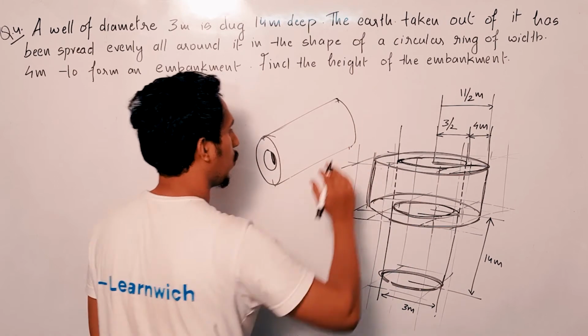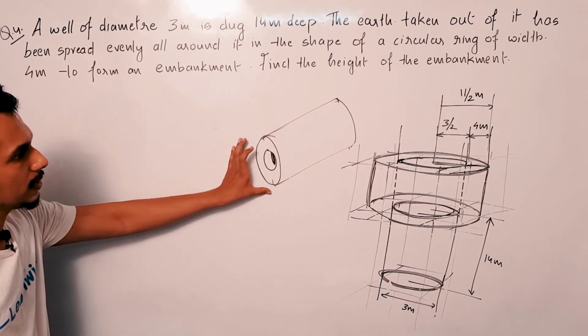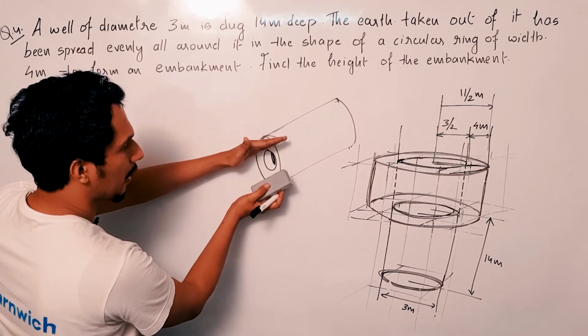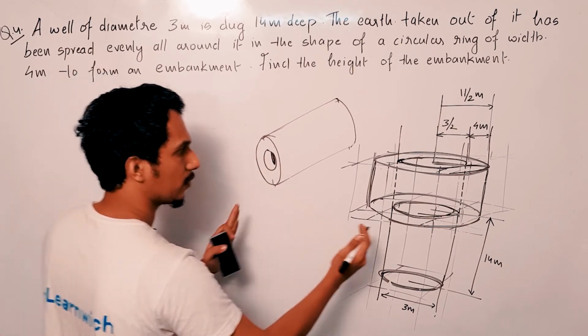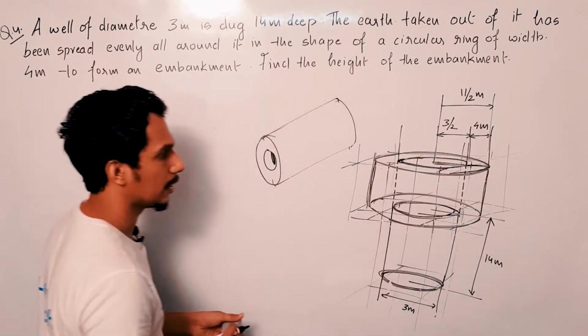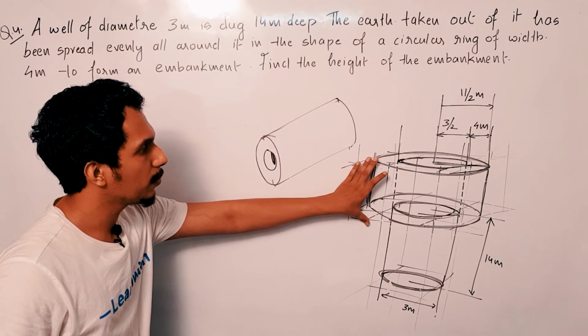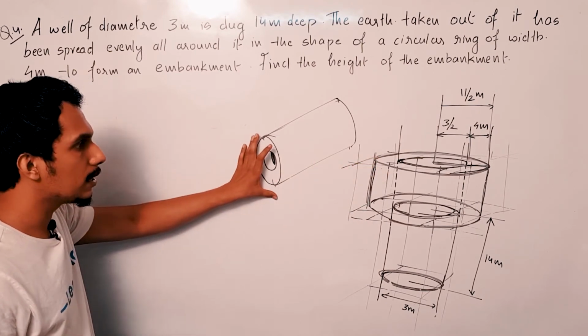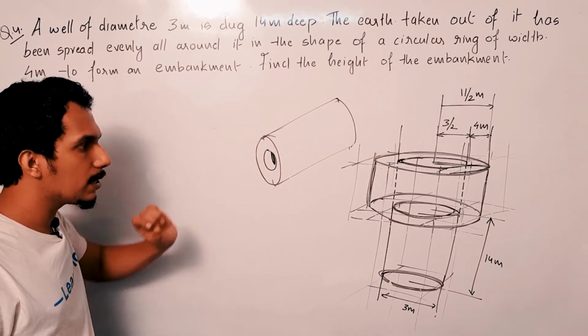There is a cylindrical hole inside. Okay, this is in the form of a bigger cylinder, and from inside there is another cylinder that is removed. So can I say the volume of this one will be outer cylinder volume minus the volume of inner cylinder?